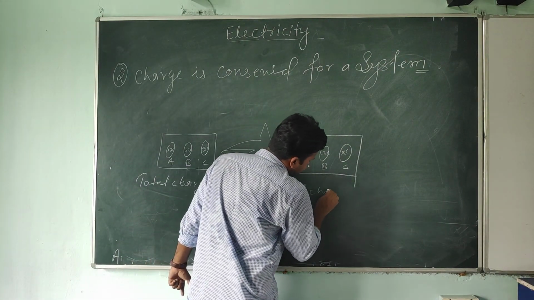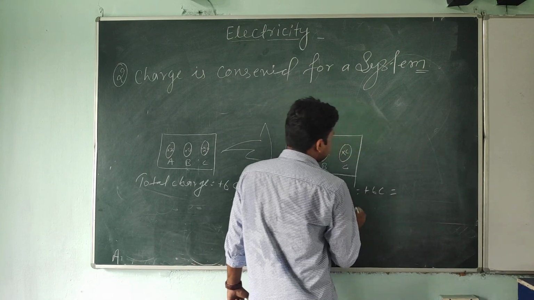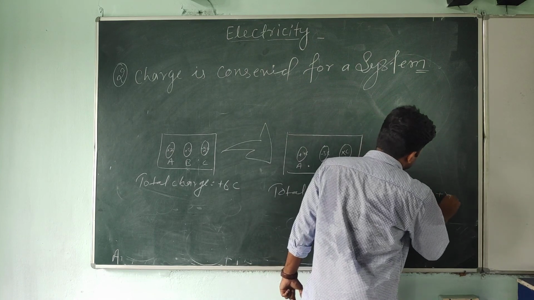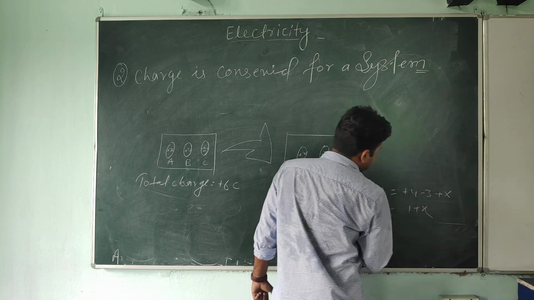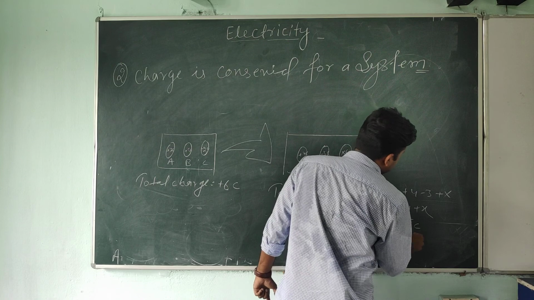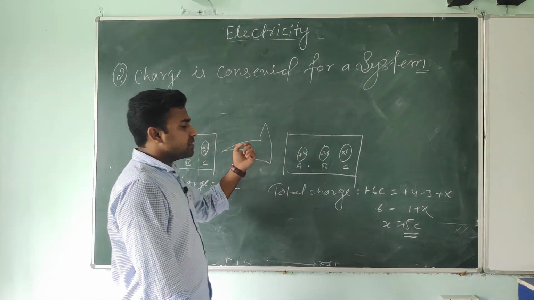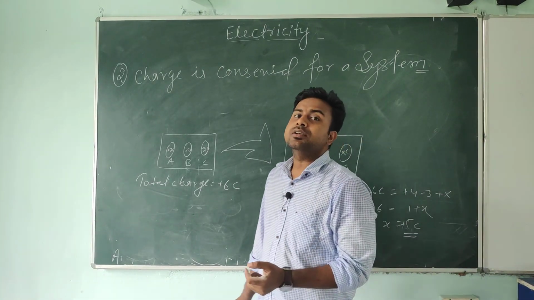So total charge is plus 6 coulomb, and this plus 6 coulomb equals plus 4 minus 3 plus X. So 1 plus X equals 6, so X equals plus 5 coulomb. Is it or not? So which property are we using here? Charge is conserved for a system.